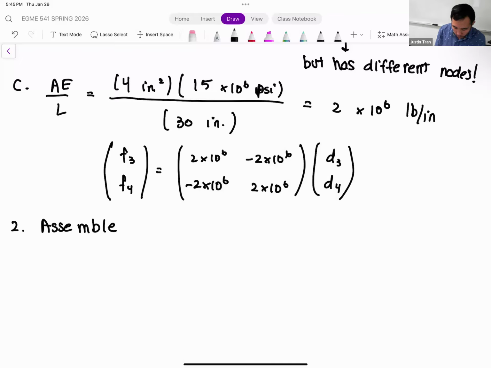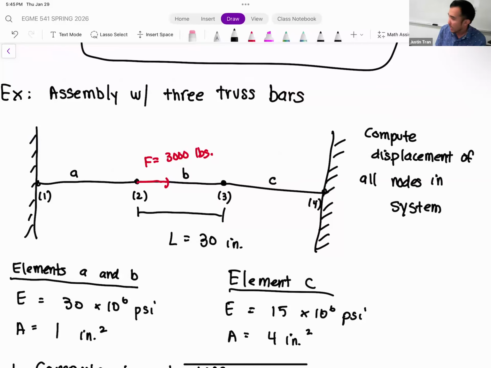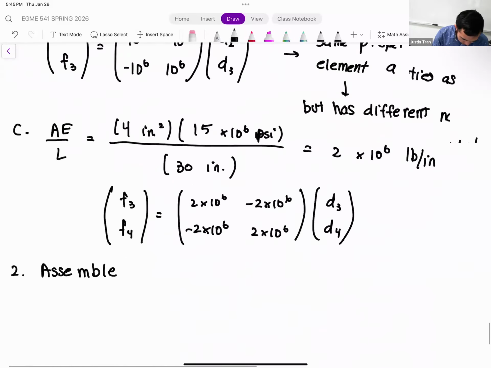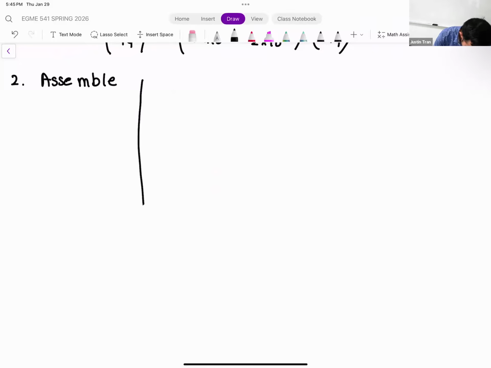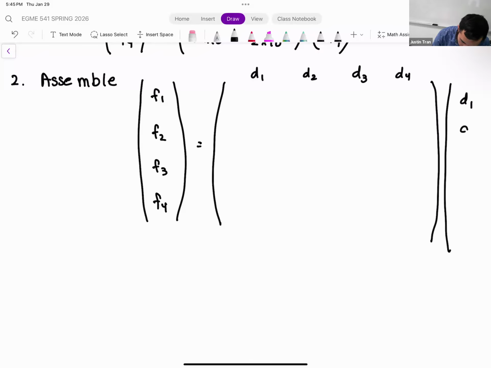Okay. We have four nodes here, so nodes 1, 2, 3, and 4. And so we need our global linear system to have 4 rows and 4 columns. We have F1, F2, F3, F4 is equal to our matrix here, times D1, D2, D3, D4.